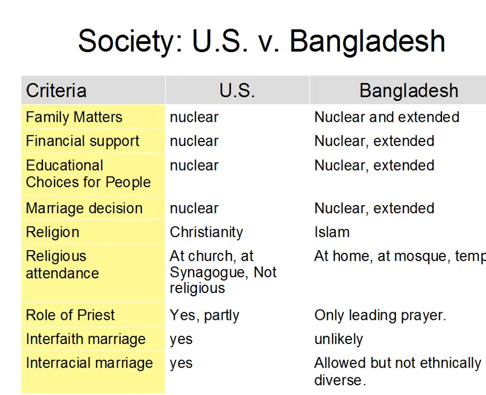Financial support. It's possible in the US to have financial support from parents, sometimes grandparents. Similarly, when you grow older, you'll be supporting your children and your grandchildren. In Bangladesh, we see same kind of relationship, but also extended family.